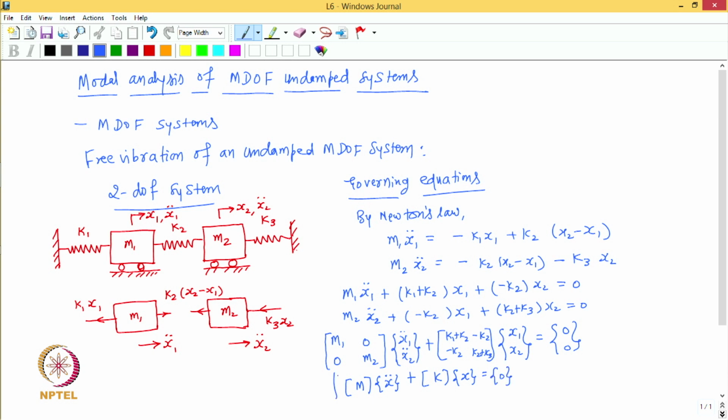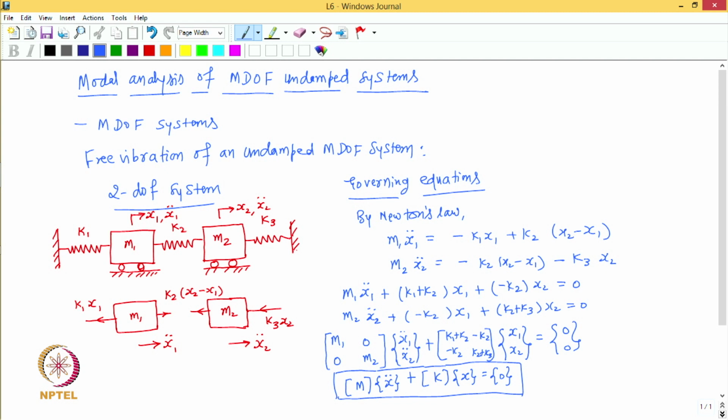So, you can see this is something we have got: M x double dot plus K x is equal to 0, but here all the vectors and matrices are involved, as compared to scalar quantities appearing in the equation of motion for a single degree of freedom system. So, in this manner we have got the equations of motion under free vibration, right.